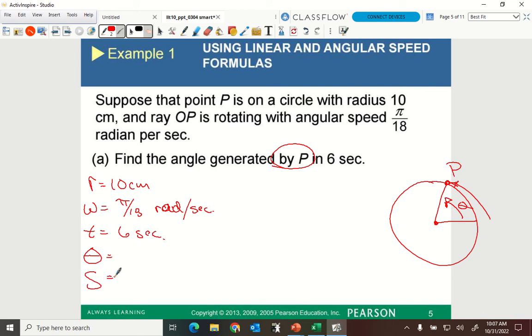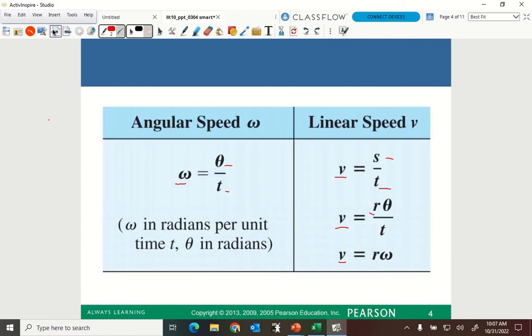What's another variable I'm missing? You guys can go back and look. Here's the variables, right? Do we know w? We look for theta. Do we know time? Good. Okay. Do we know v? We don't know v, right? v is an unknown.